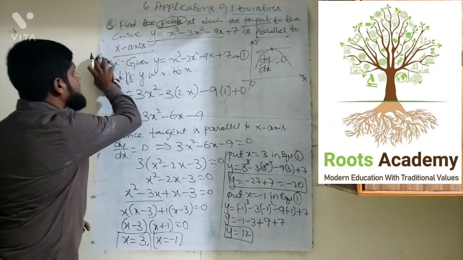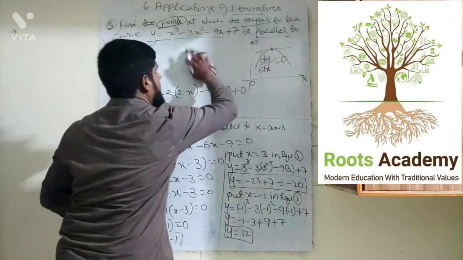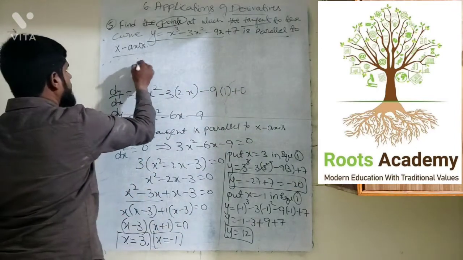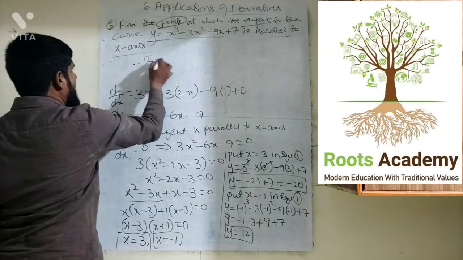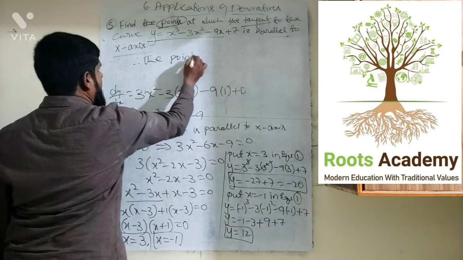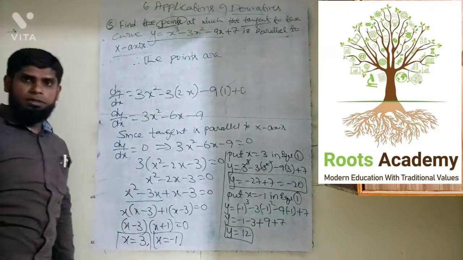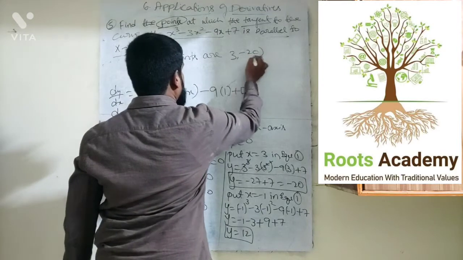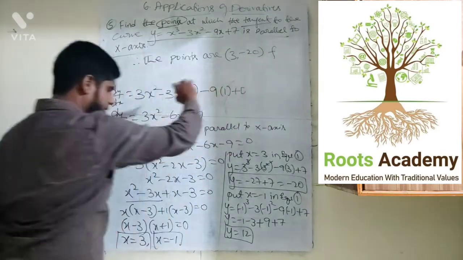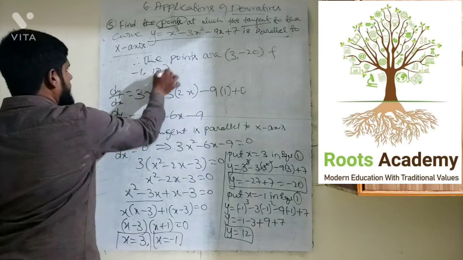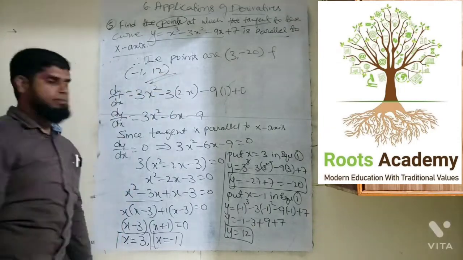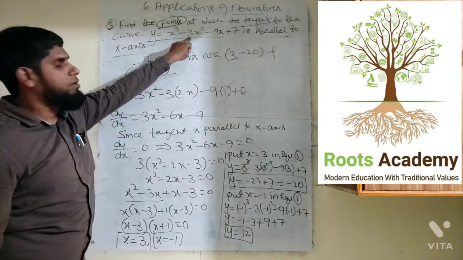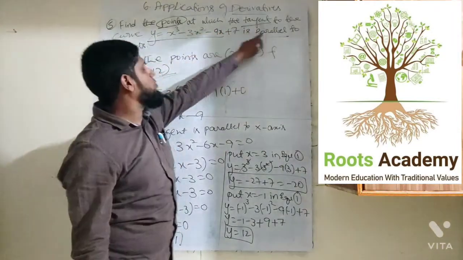Therefore, the points are 3 comma minus 20 and minus 1 comma 12. These are the 2 points which come on this curve if the tangent is parallel to x-axis.